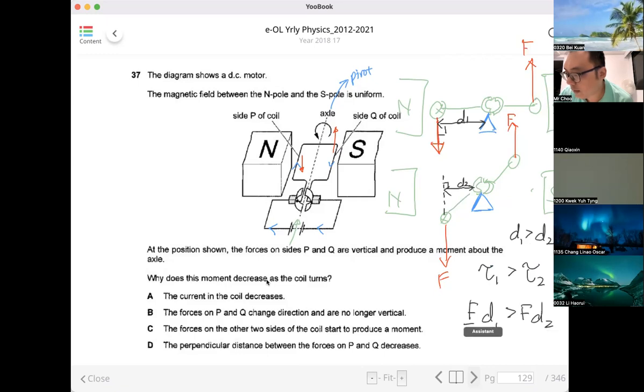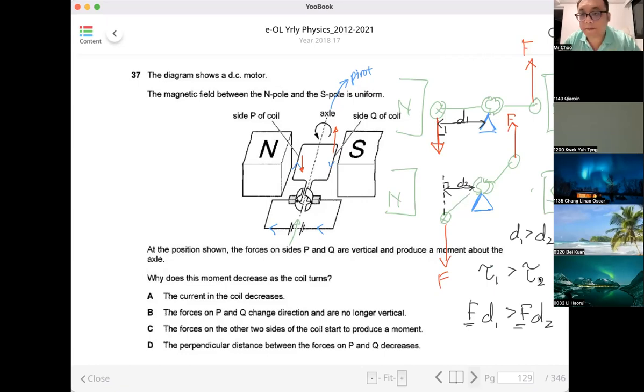Let's assume that both F are the same. But because the distance is now reduced, the moment is reduced. Are you all clear about this? If you are very clear about this, give me a clap reaction. Okay, all okay? Howray, are you okay? You all understand this perfectly well?